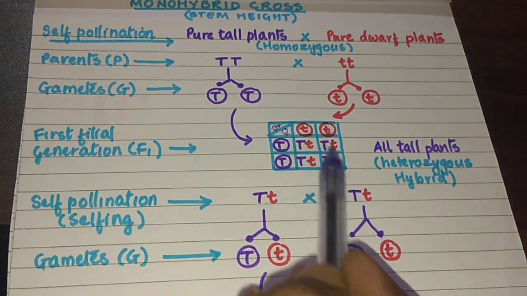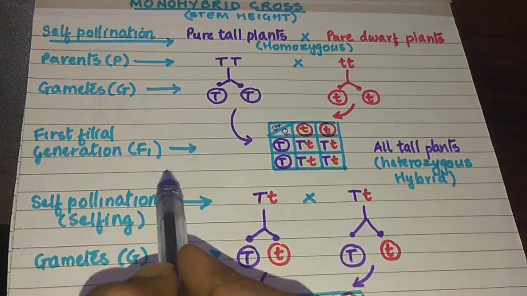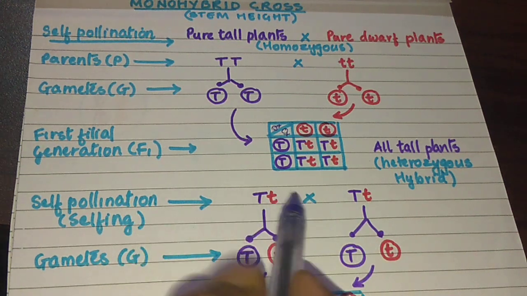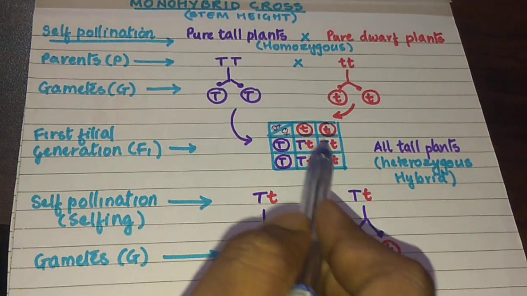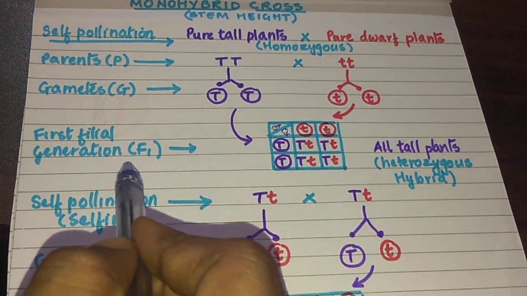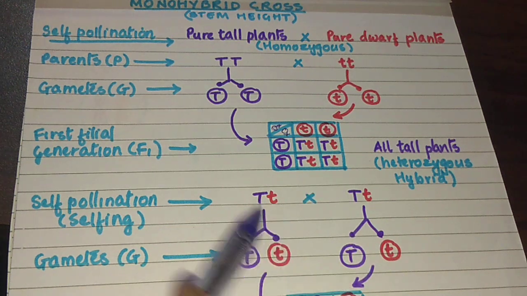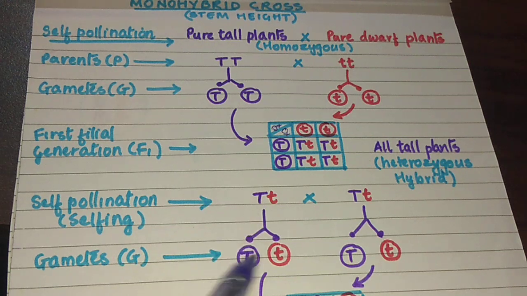Then self-pollination or selfing was carried out between the offspring formed in the F1 generation, and the same process was continued. Since it is heterozygous, the gametes formed will be different from each other, having two different types of genes.